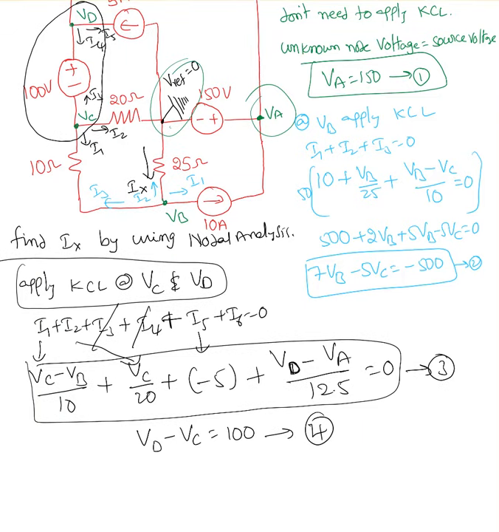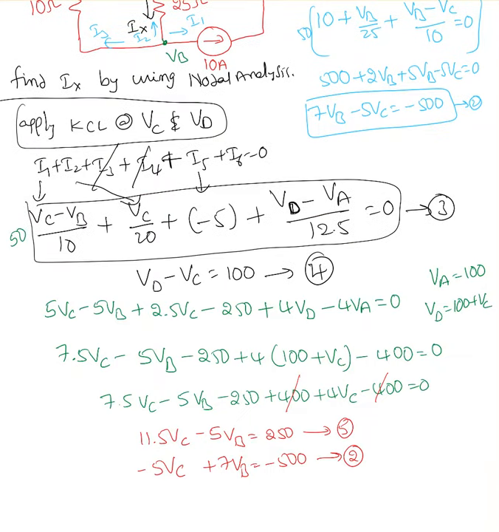So let me simplify equation 3. To simplify it, I'm multiplying by 50. So I end up with 5VC minus 5VB plus 2.5VC minus 250 plus 4VD minus 4VA equals 0. We know that equation 1 is VA equals 150, and from equation 4 I have VD equals 100 plus VC.